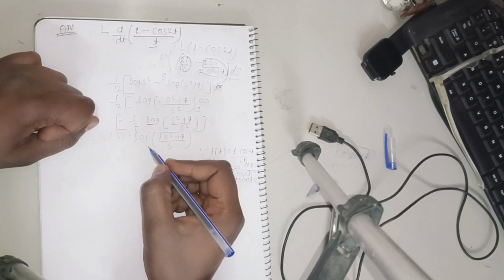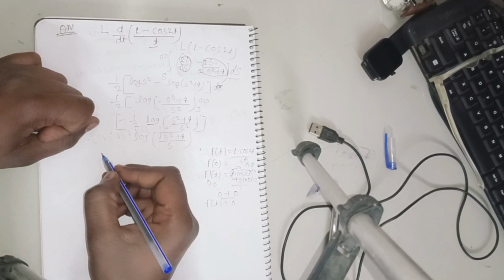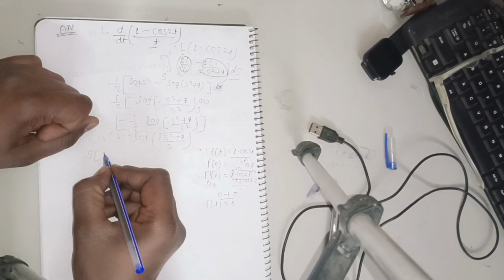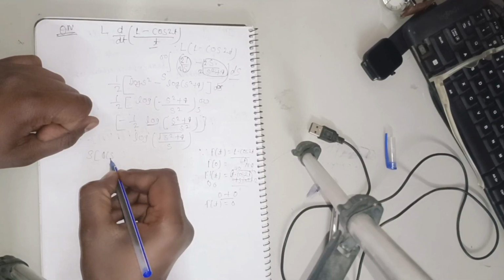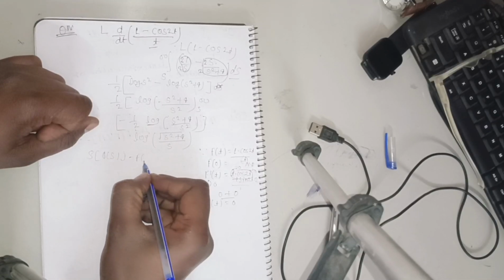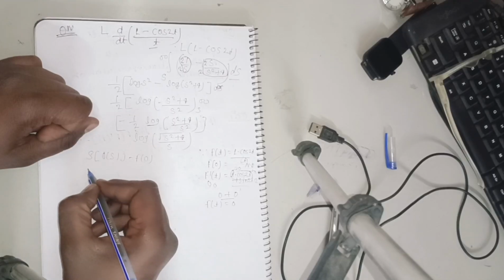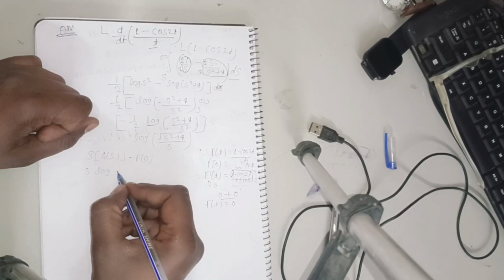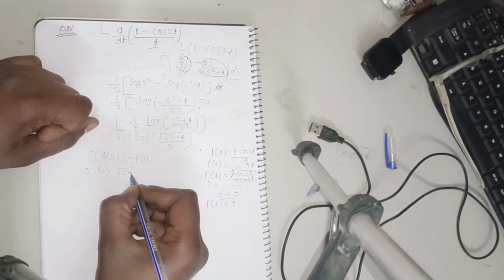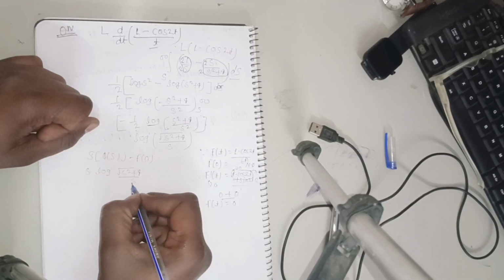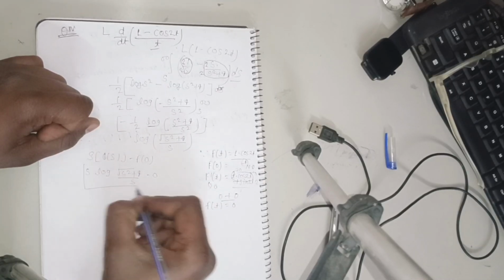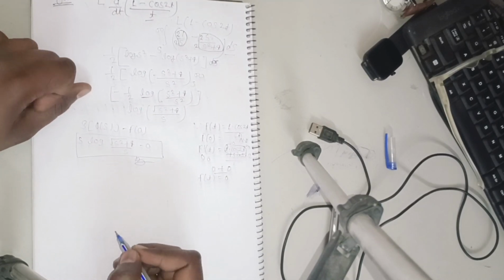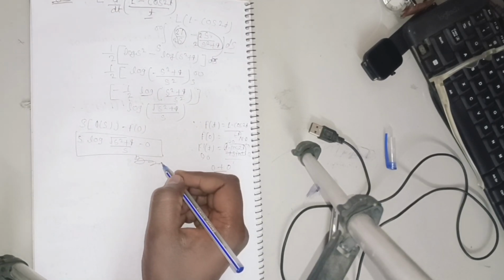Now simply I have to put it: s phi of s minus f of 0. So s log of root of s square plus 4 upon s, minus 0. Okay, so this is the final formula, the final answer which I have discussed.